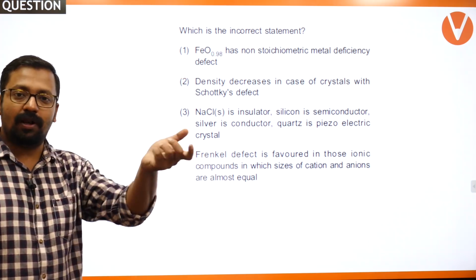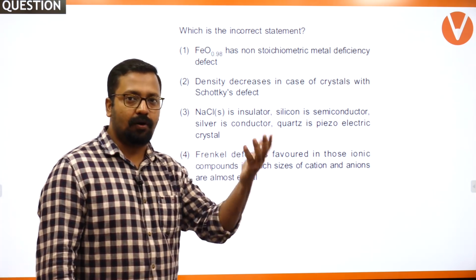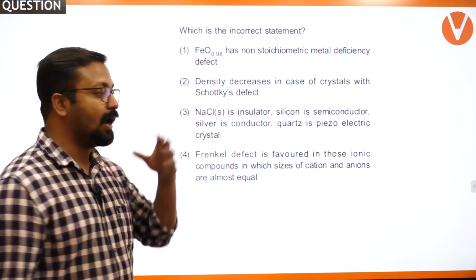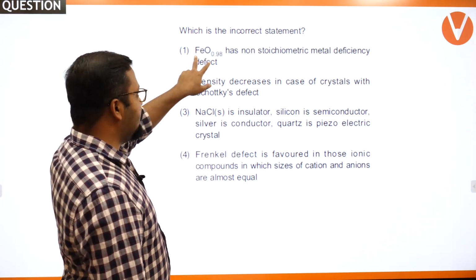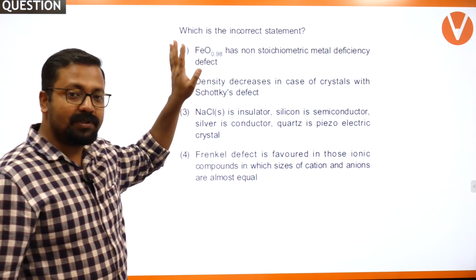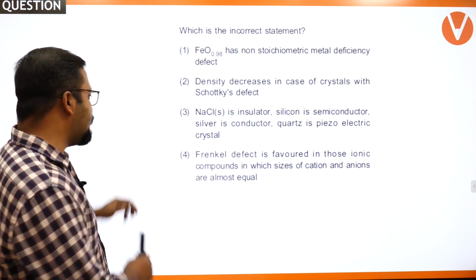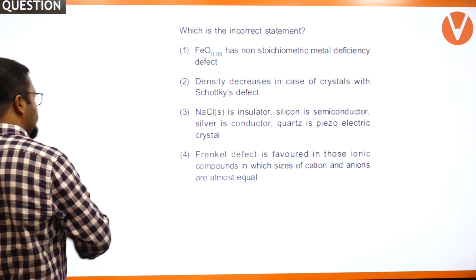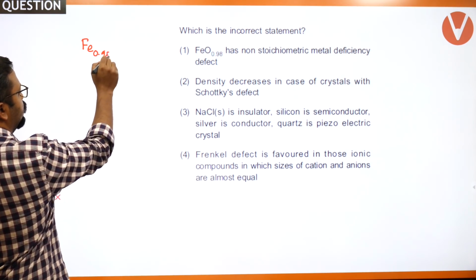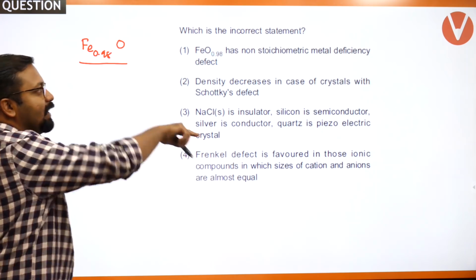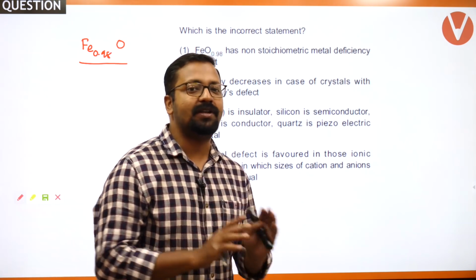This is one of the small errors which people usually miss out, but if I had been a student, I would not have missed it. If the representation is this, then the representation is incorrect. The correct representation should have been Fe0.98O. Then it creates a metal deficiency defect.